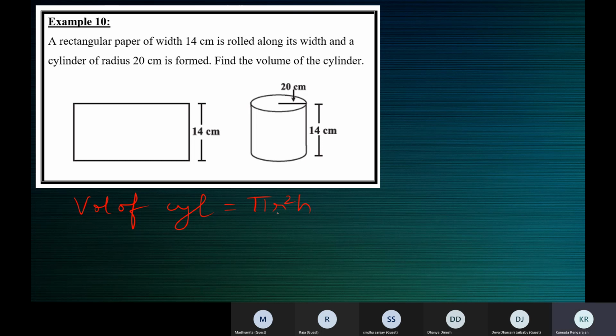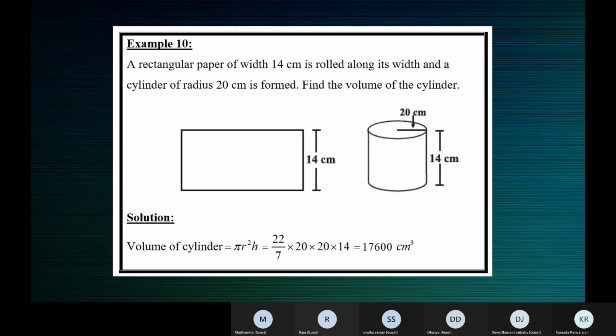The value of pi is 22/7, into r square, radius 20 into 20, into h 14. Simplify this and you will get the answer in centimeter cubed. I would like to tell you one thing, children.